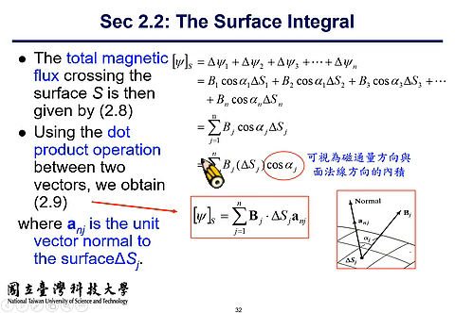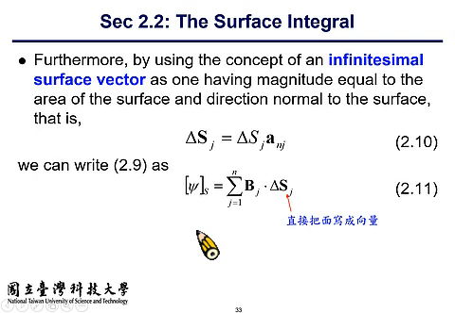so it can be written as the summation of B_j cosine alpha j delta S_j, and so it is actually the scalar product of the two vectors. So that is the expression for the calculation of magnetic flux passing through an arbitrary surface.